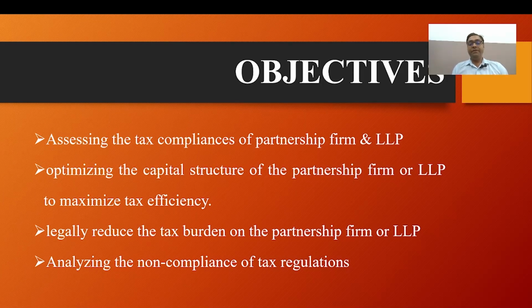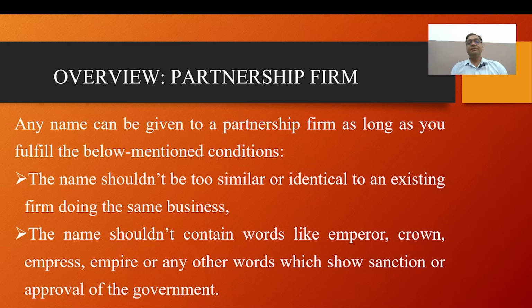Now we start. We have already discussed in Block 2 the AOP, BOI and HUF, Hindu undivided family, and individual taxation. We will discuss in the same way, but before starting, a quick overview.